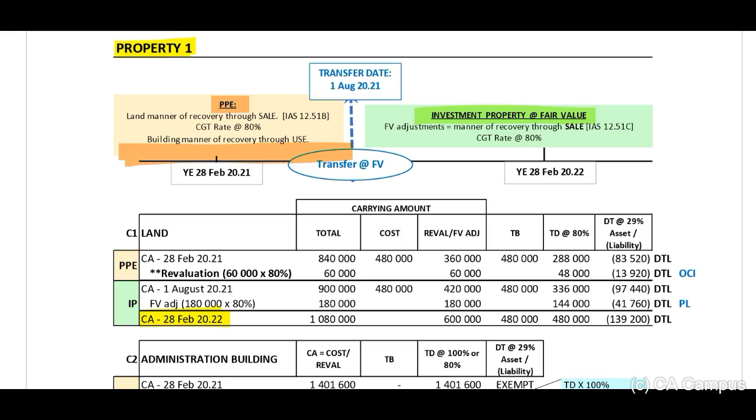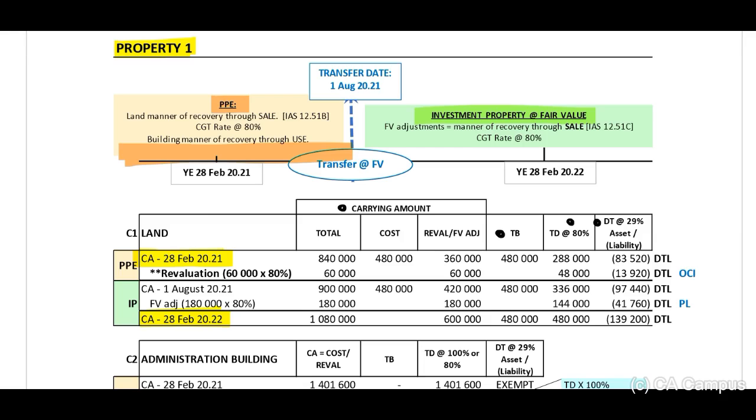We need to include an opening balance and a closing balance. Now, in terms of our opening balance, our carrying amount for our land, property 1, if we refer to our columns, we will have to include a carrying amount for accounting purposes, tax base, temporary difference, and a deferred tax.